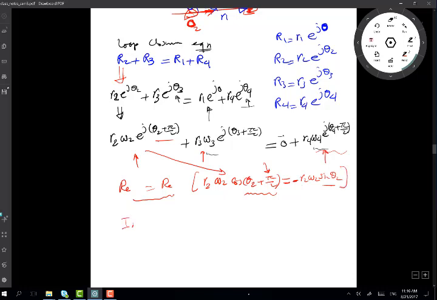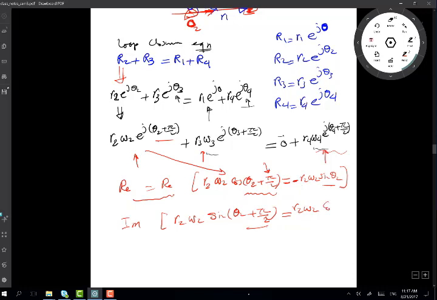For the imaginary part, I get R2 omega 2 and then the sine term, so sine of theta 2 plus pi over 2. When you expand the sine, it gives you sine theta times cosine 90, which is 0, plus cosine theta times sine 90, which is 1.